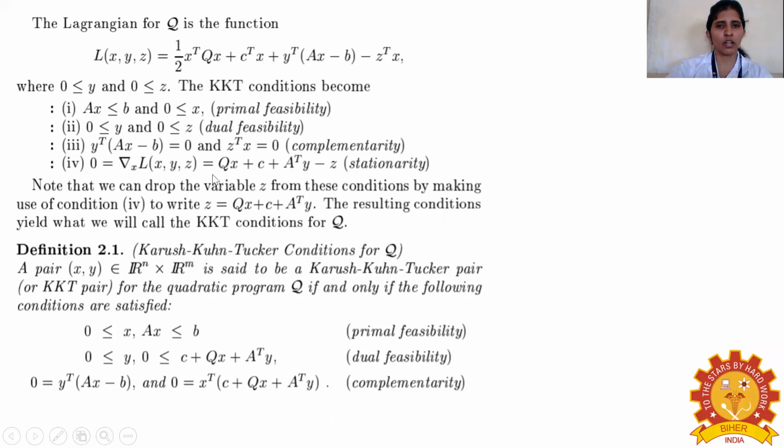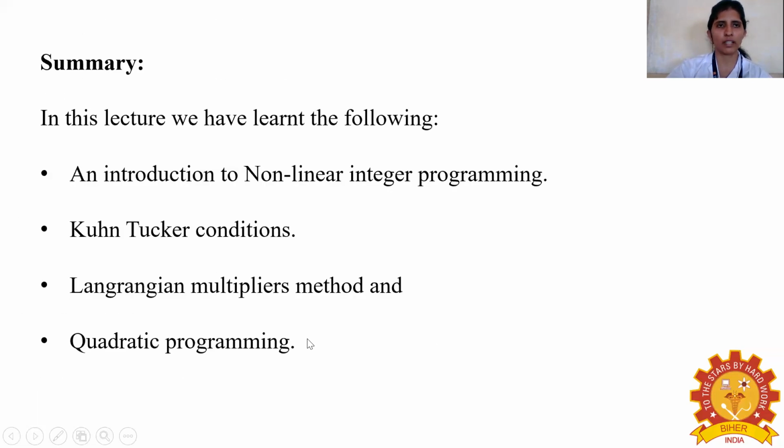Okay, so based on this, we will be defining the Karush-Kuhn-Tucker conditions for Q, and a pair (x, y) belonging to R^n times R^m is said to be a Karush-Kuhn-Tucker pair for the quadratic program Q if and only if the following conditions are satisfied. So that is the primal feasibility, dual feasibility, and complementarity must be satisfied. Only then we will be able to proceed with the quadratic programming.